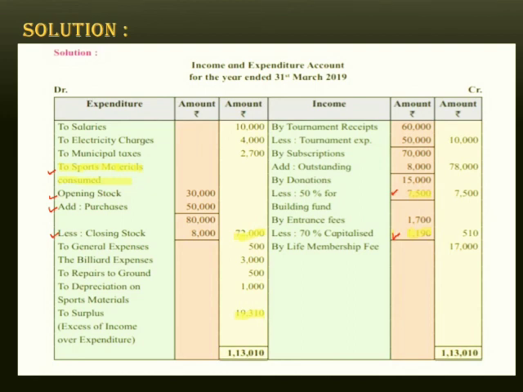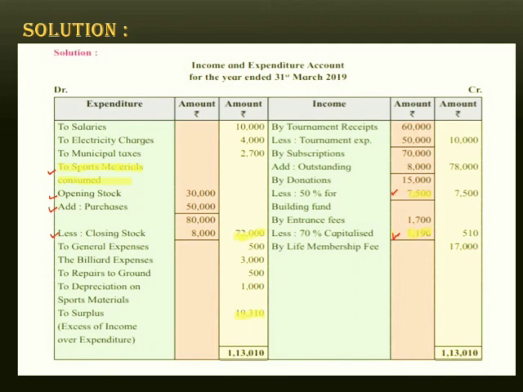So what have we done? We have taken the total of the income side. We got 1,13,010. From this amount we have deducted all these expenses and we got a difference of rupees 19,310. That is nothing but the excess of income over expenditure, that is surplus.